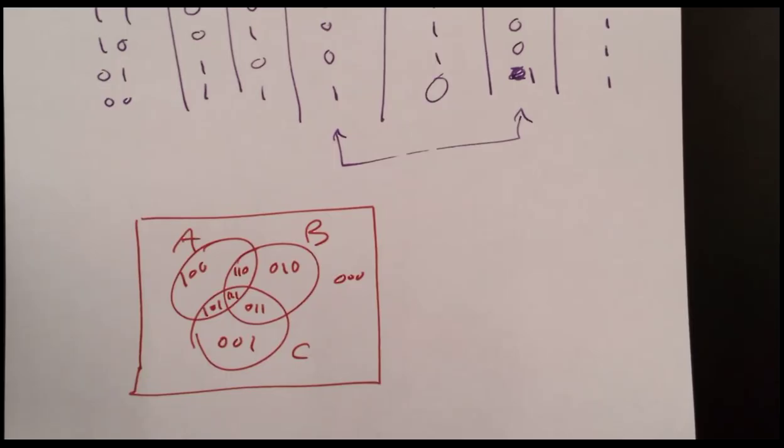If I try and draw a Venn diagram with 4 sets, I run into a problem. If I try and do it with 4 circles, I won't get everything. Because if I want to get 4, how many different pieces should I have?